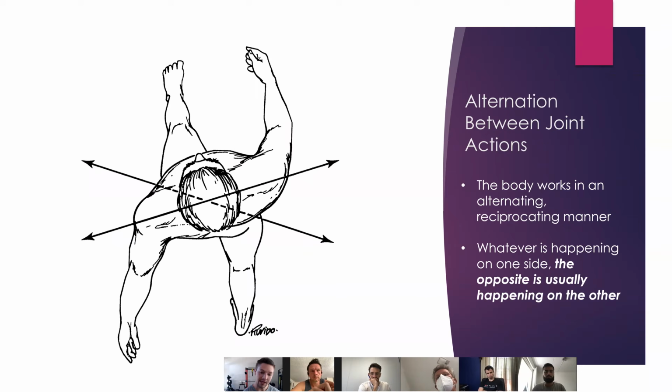If I'm in more nutation on one side, I'm probably in more counternutation on the other, assuming I am not in a bilateral symmetrical stance activity and doing something like a back squat or a barbell deadlift. If my feet are staggered, then you're going to have this alternation. And this is walking, this is running, this is cutting, this is so many things that make us humans and have to do with locomotion.